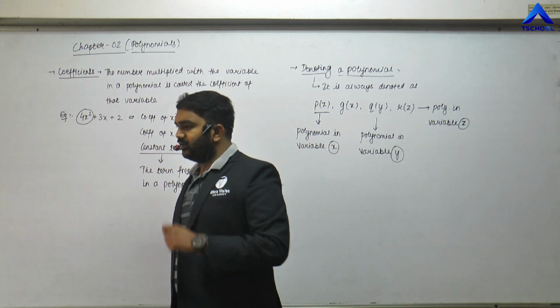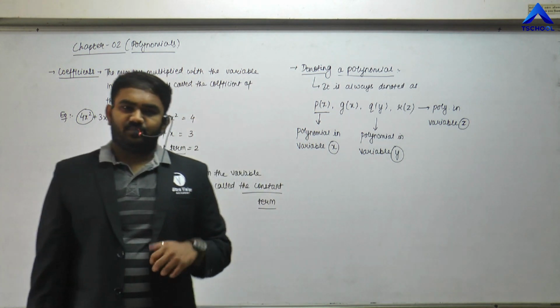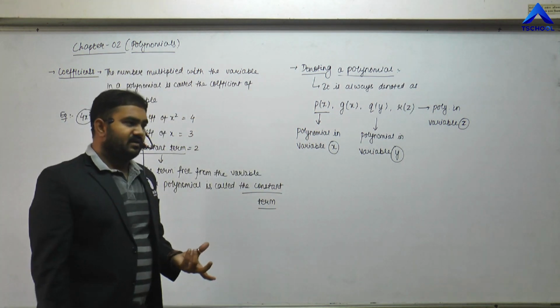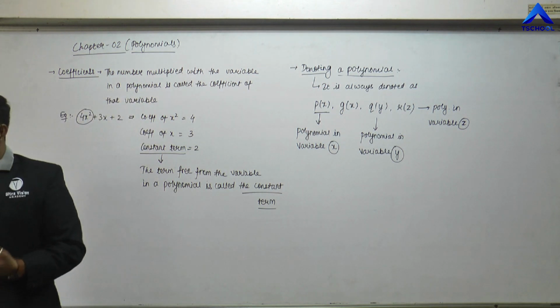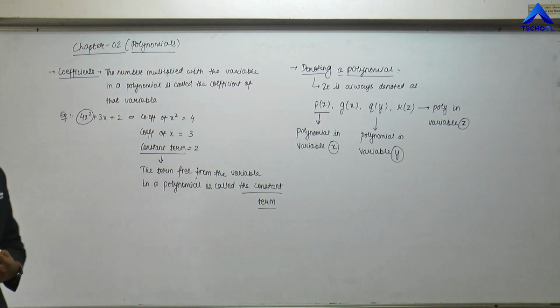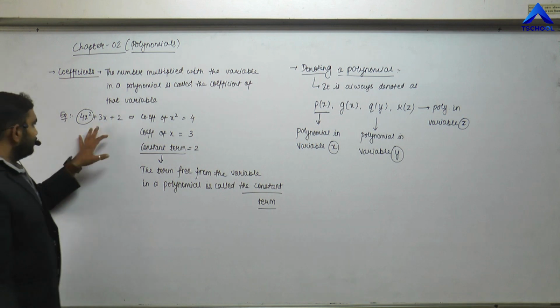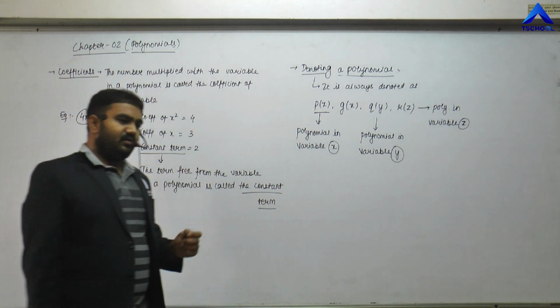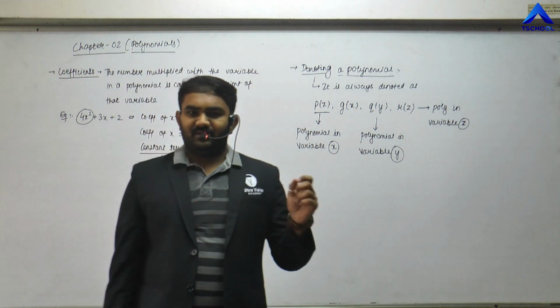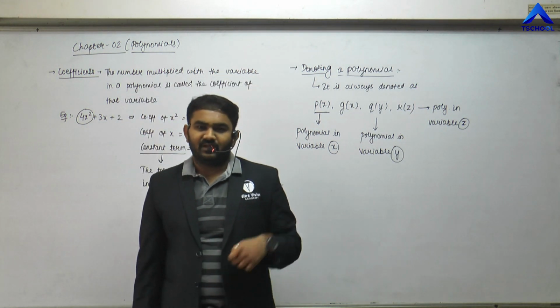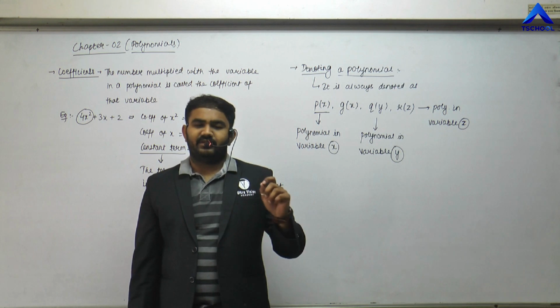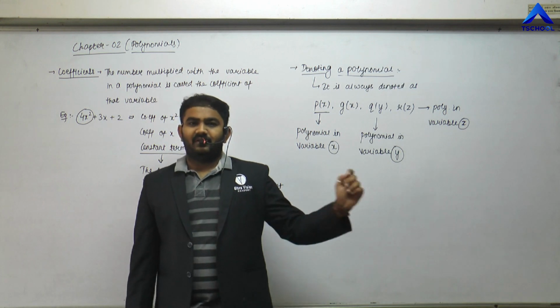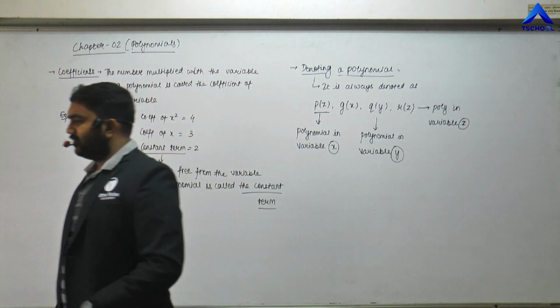Terms of a polynomial, that also we have discussed. And finally we discussed the coefficients of the variables present in the polynomial, right? The number associated with or multiplied with the variable in that polynomial is called the coefficient of that variable, right?